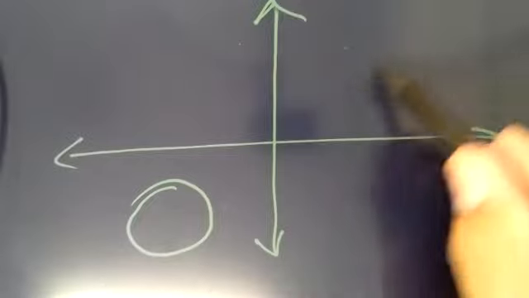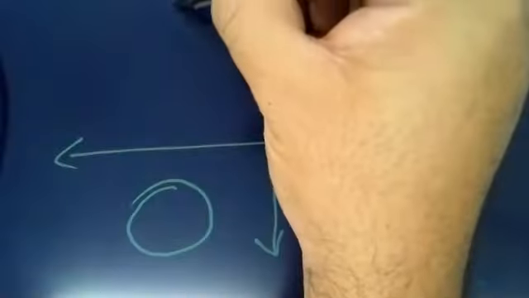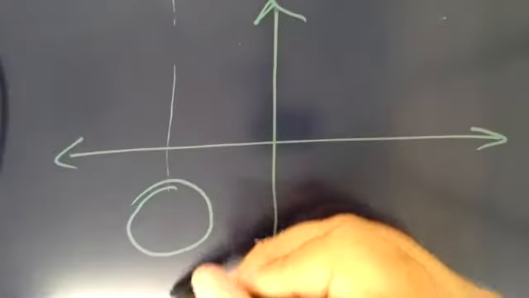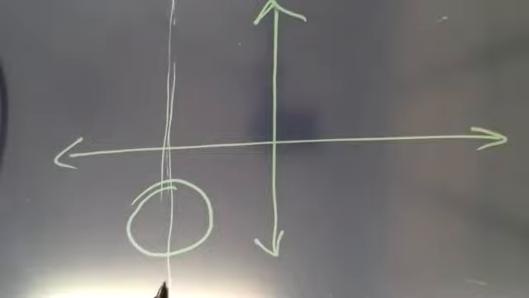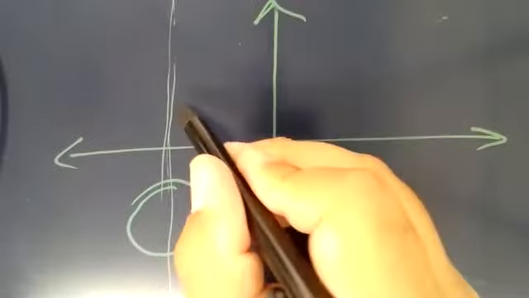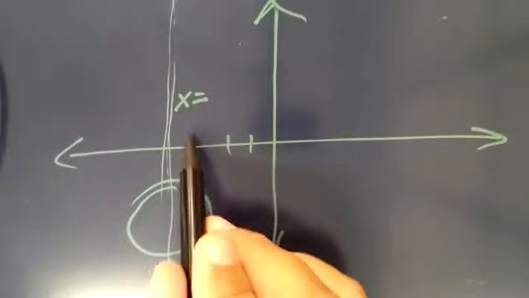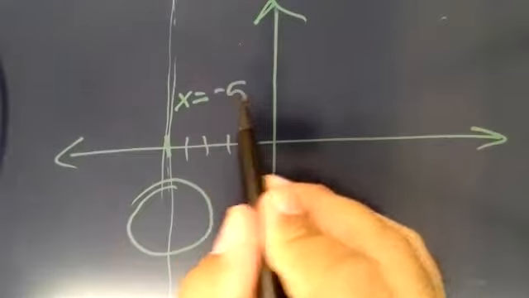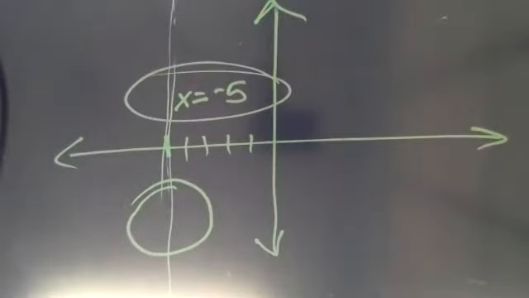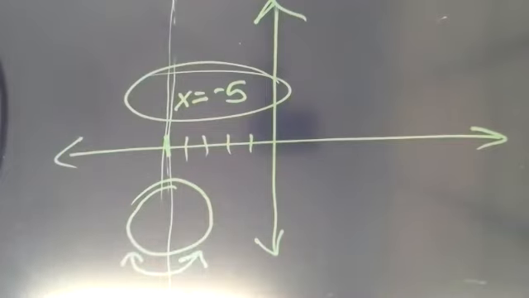We know that line is y is equal to x. Well, if I make another line going in this direction, guys, and I do a reflection over this line, let's say this line is x is equal to what? -1, -2, -3, -4, x equals -5. If I do a reflection over x equals -5, the circle is going to reflect right on top of that circle. Do you guys understand that?